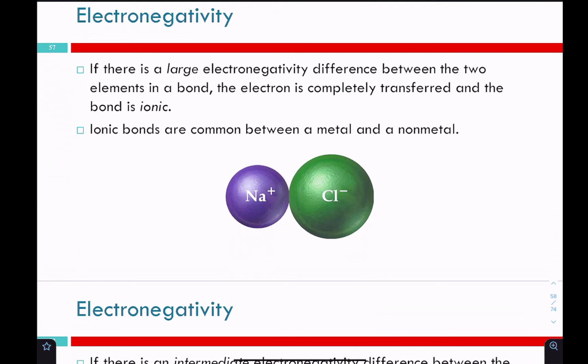So either they're the same or there's a huge difference, then the electron is not just unevenly shared, it's completely transferred. So that's any metal reacting with a nonmetal. It's going to be an ionic bond. So you're completely transferring the electrons.